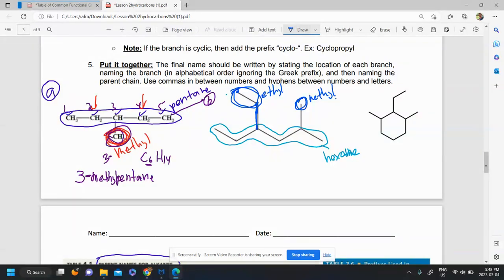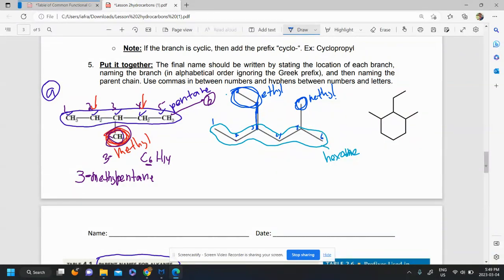And so our goal in this situation here is now to try to identify where these substituents are located. And you want to start numbering such that you can get the lowest possible numbers for your substituent at the first point of difference. So let's do a different scenarios, and we'll see which is the best numbering scenario to choose. So I'm going to start numbering from the left side. 1, 2, 3, 4, 5, 6.